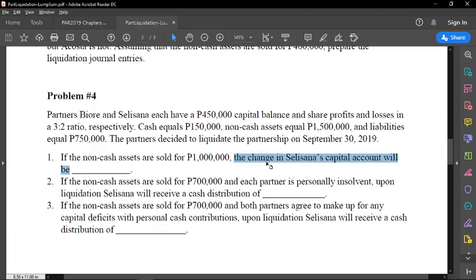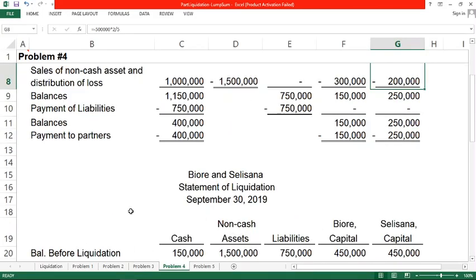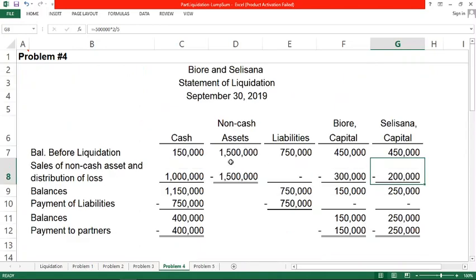So the answer here, the change in Celisana's capital account will be a decrease of 200,000. Okay? That's all they asked, ma'am. Why did we do so much? Of course, to become experts. I did not present the journal entries, so you already know how to do the journal entries in this problem. Anyway, it is not that complicated, unlike number 3 earlier, right?